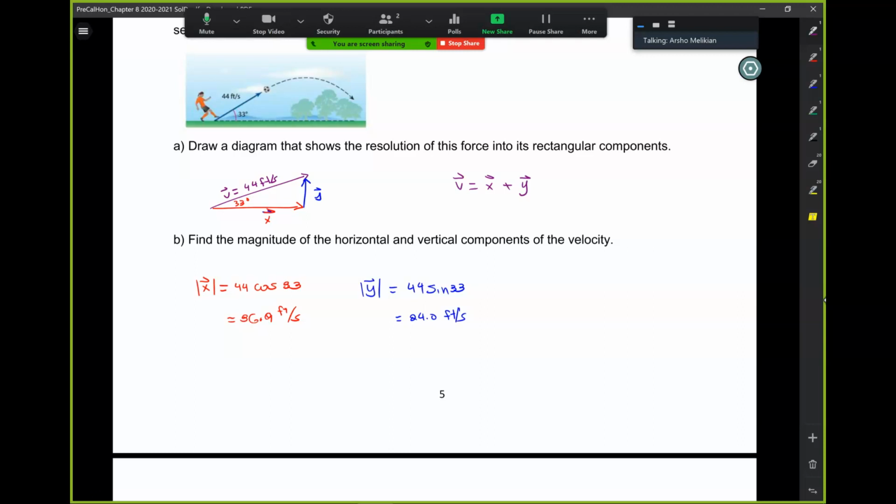Look at how the world of vectors is different. Addition in vectors is different than addition of numbers. If you straight add x and y magnitudes, 36 plus 24, does that equal 44? No, right? So it's not straight addition. So vector addition is a little different. Whack. Okay?